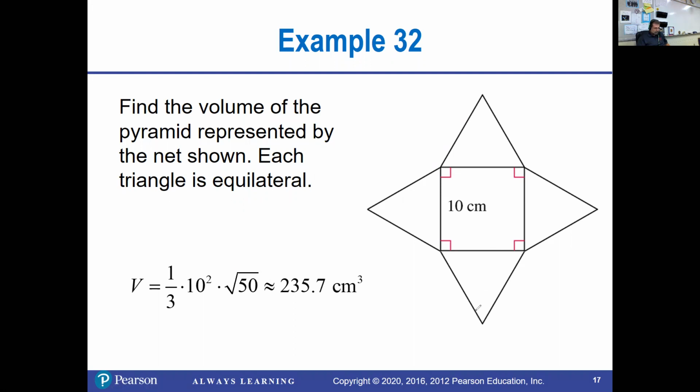But I probably need the slant height. That's a 5, and these are equilateral. That means this is 60 right here. So this is a 30, 60, 90, which means if this is 5, that's the short side. This is the hypotenuse. This would be 5 root 3.